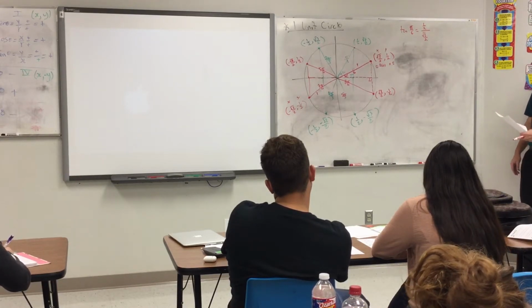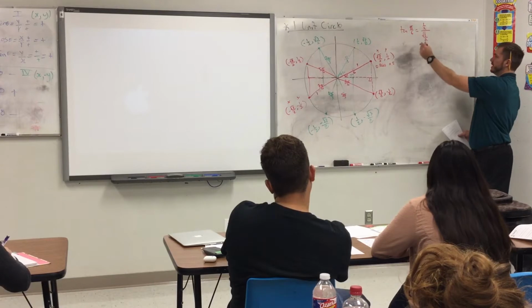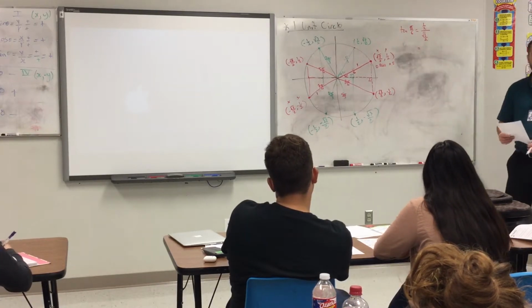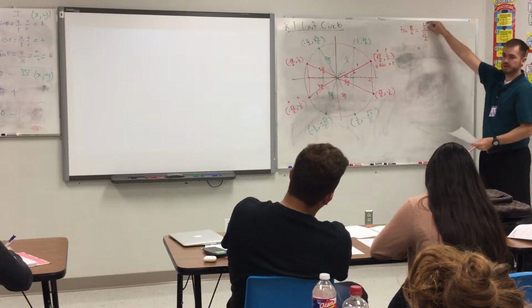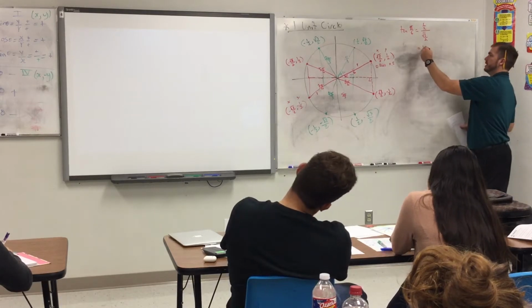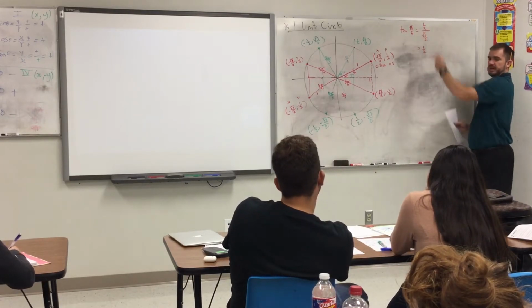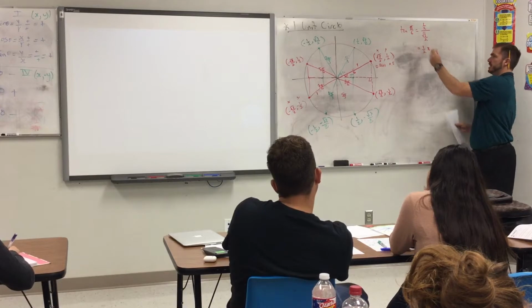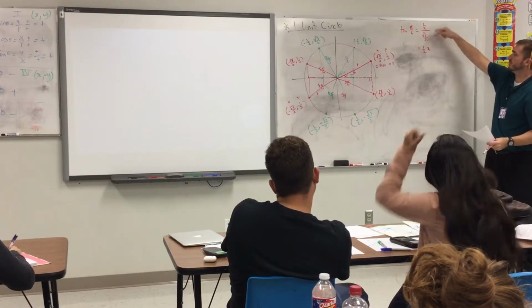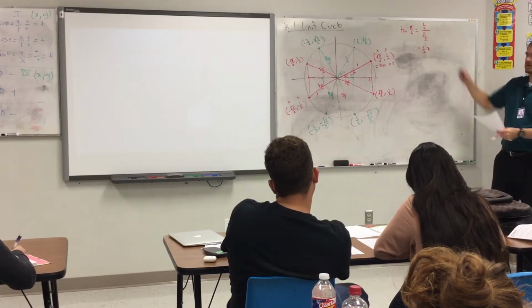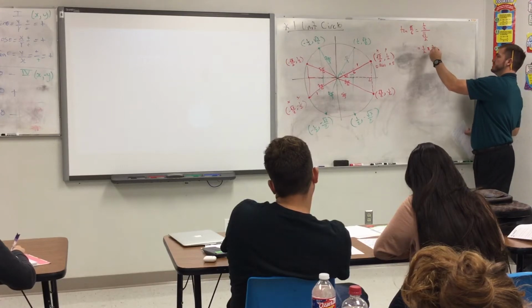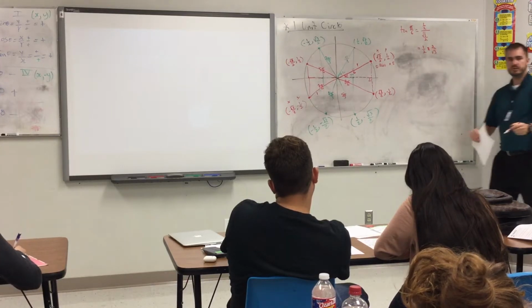Now the thing is that we don't like fractions of fractions. So we're going to write the numerator, but then instead of saying divided by the denominator, we're going to say times the reciprocal of the denominator, so times 2 over root 3.